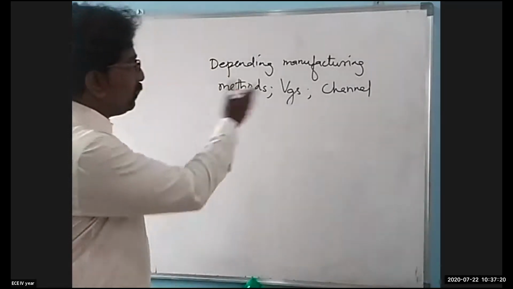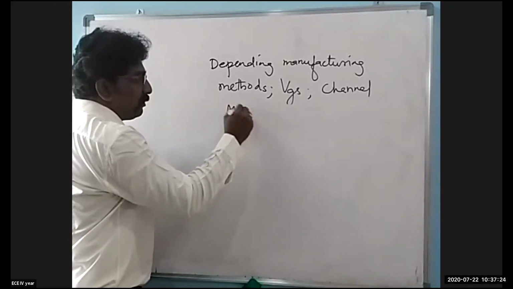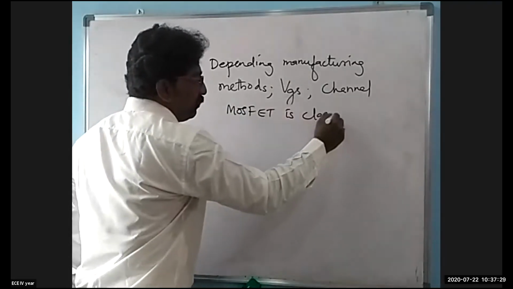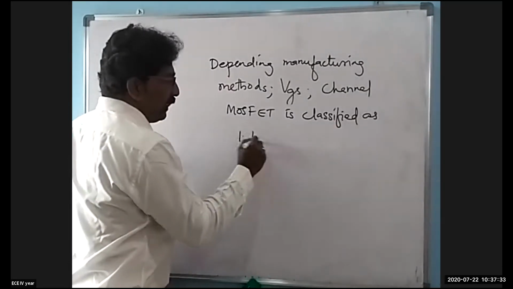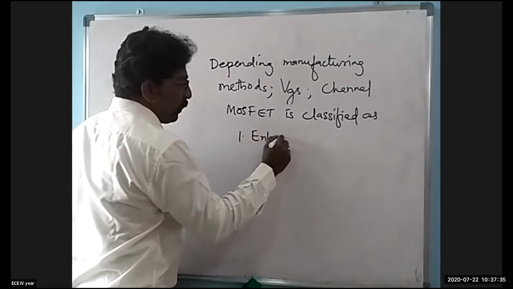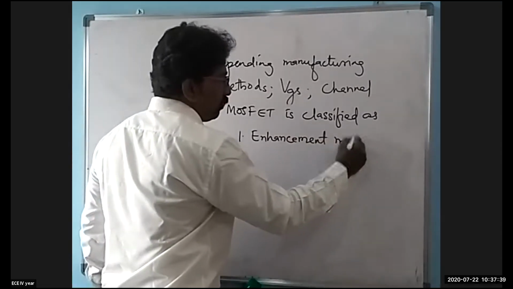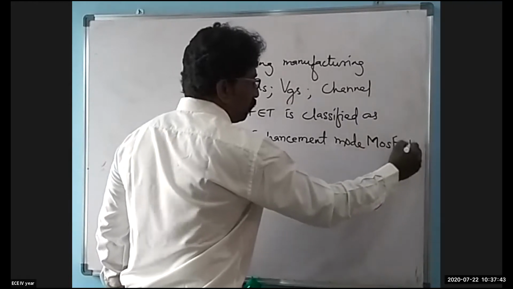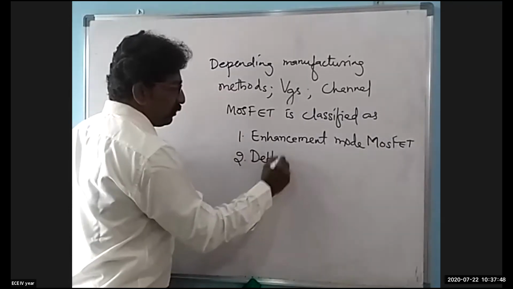So depending upon these factors, the MOSFET is classified as, first one, enhancement mode MOSFET. The second one is called a depletion mode MOSFET.